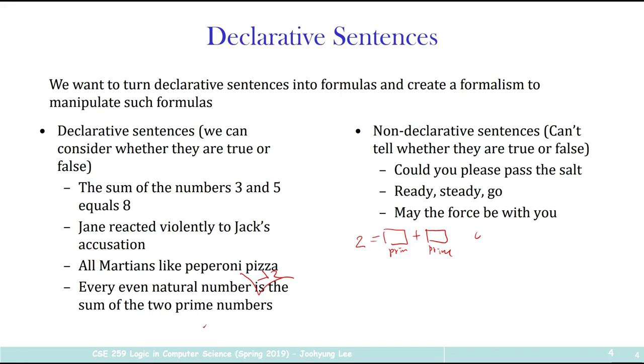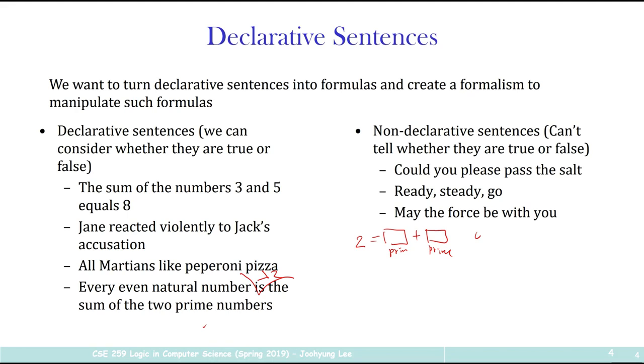The if condition is saying if you have an even number that is greater than 2, then it can be the sum of 2 prime numbers, right? Do you see the difference when I switch this sentence to include this condition?